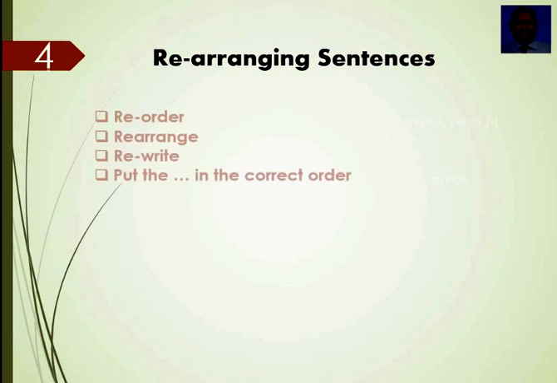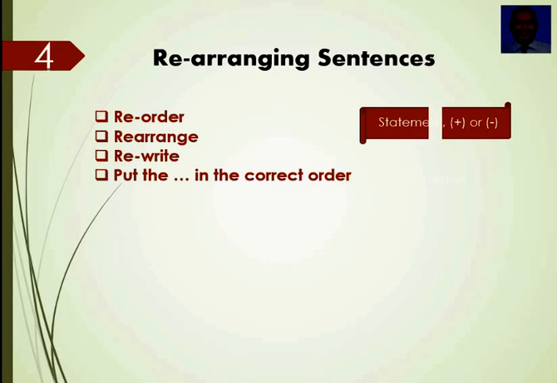Okay, there is another type that is quite famous in grammar, which is the rearranging sentences questions. Here we use reorder, rearrange, rewrite, put the words, for example, in the correct order. And here we need to know some important things.